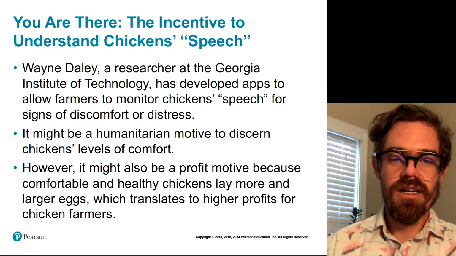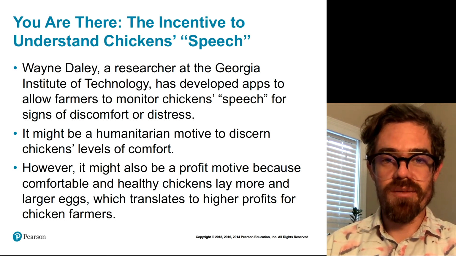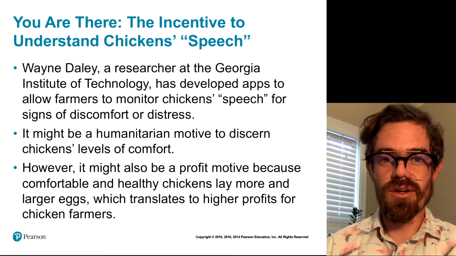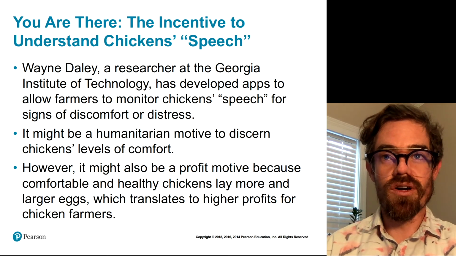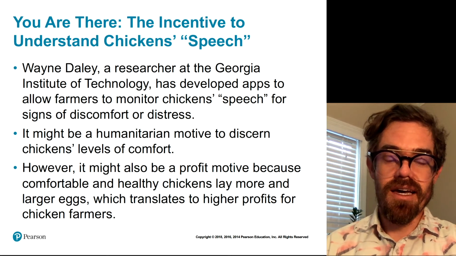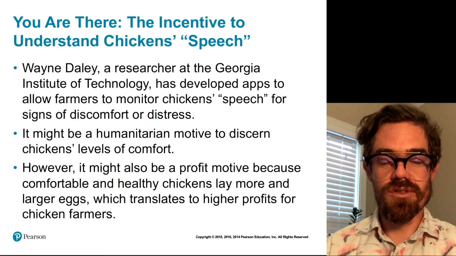So there could be a humanitarian motive here, but there could also be a profit motive. This is maybe the harder one to think of, but it could be that chickens that are more comfortable lay more and larger eggs, which translates into higher profits. So there could be a profit motive for chicken farmers as well.